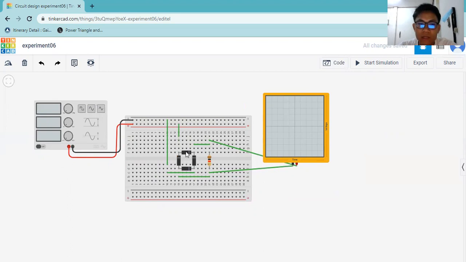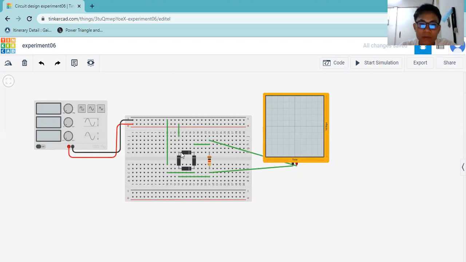I will name it as diode D1, 2, 3, and 4. So the positive channel goes to D1 and D4.